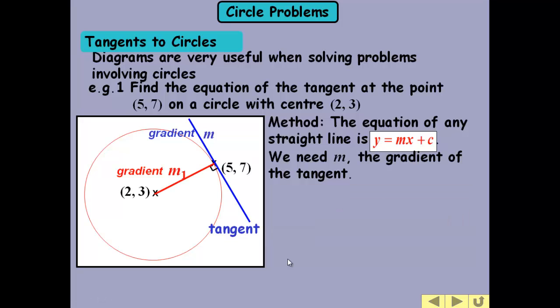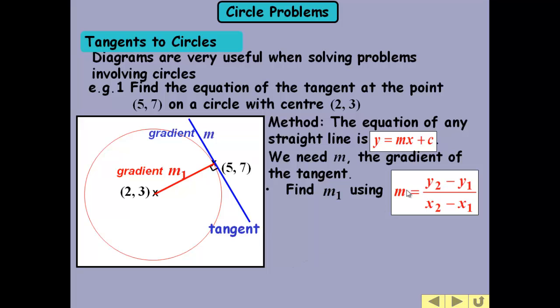So the gradient m1 is the difference in y over the difference in x, and to find the m we need for our equation of the tangent, we can then use the fact that it's the negative reciprocal. It's minus 1 over the gradient of this normal, if you like, the radius.